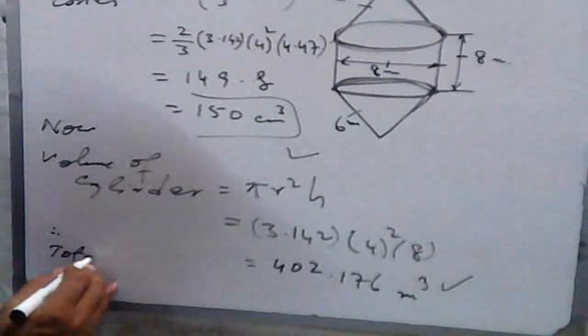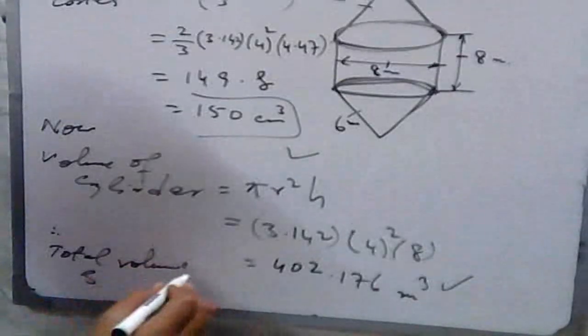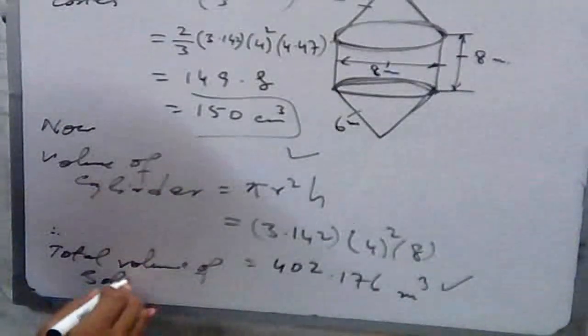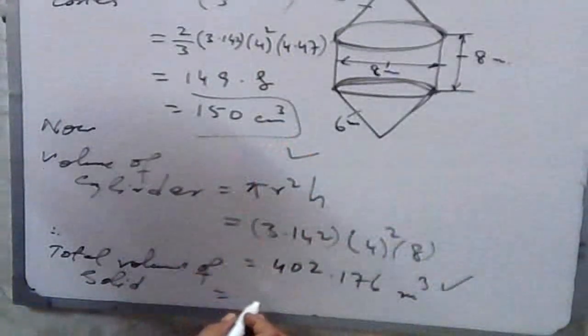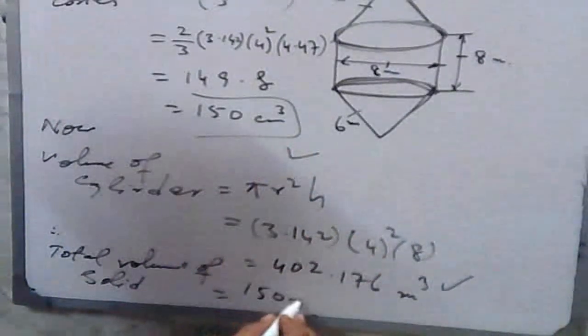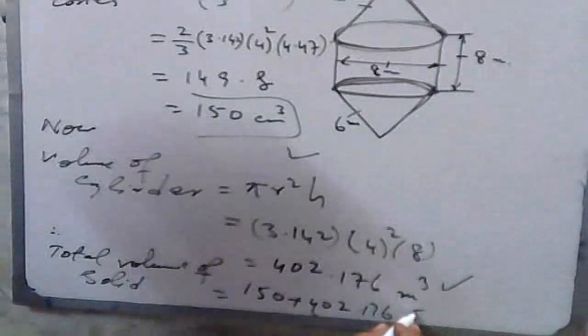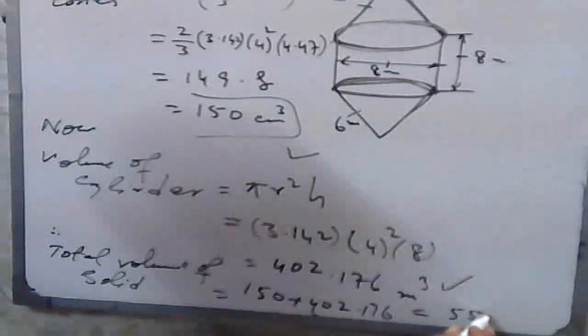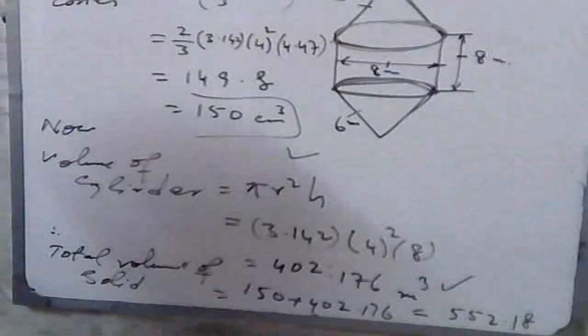Therefore the total volume of the solid, you have to sum this one and this one, that is 150 plus 402.176, so the result is 552.18.